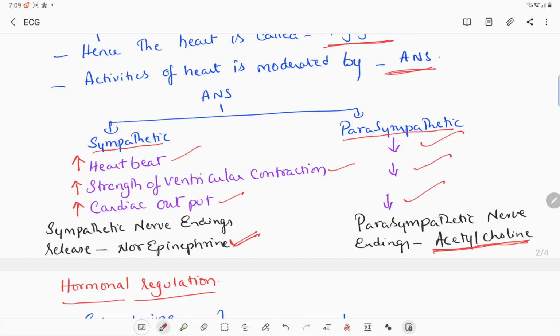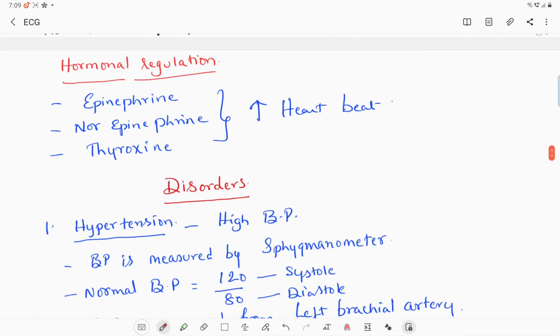Now let us see the hormonal regulation. What are the hormones that regulate the heartbeat? Hormones like epinephrine, norepinephrine and thyroxine, the thyroid hormone, increase the heart rate by their effect on the sinoatrial node.